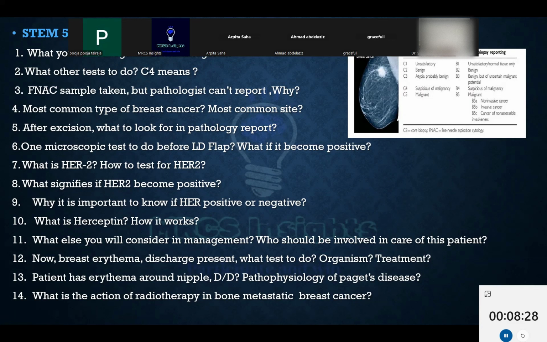Very good. Now the FNAC report has come and it showed a C4 lesion. What does it mean? It means it's suspicious of malignancy. Now tell me, the FNAC sample is taken, but the pathologist can't report on the capsule. Why? Because FNAC is a minimally invasive procedure where a small tissue sample is taken.